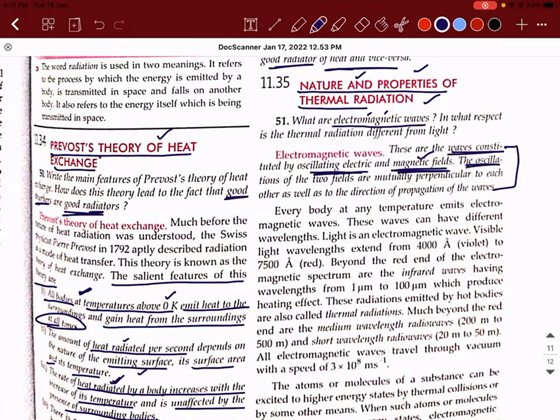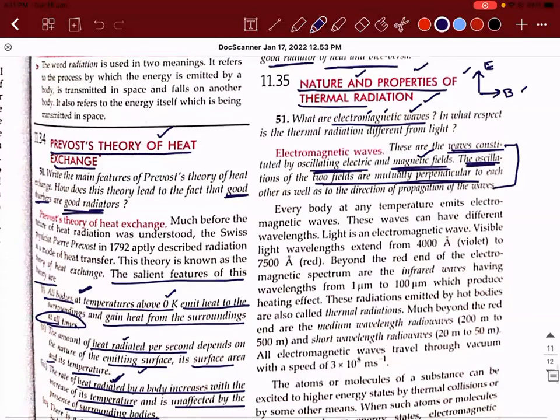The oscillations of the two fields are mutually perpendicular to each other. Means if the electric field is like this, then the magnetic field will be in this way, so they both keep oscillating perpendicular to each other. Just because they are oscillating, we call them waves. I'm not expecting you to understand in depth now, because we didn't discuss what exactly waves are. So just accept it and let's move on.